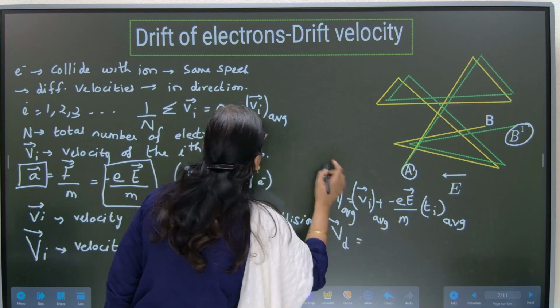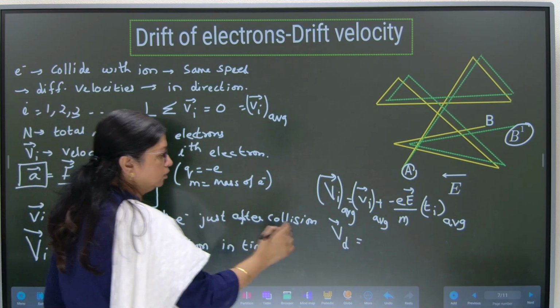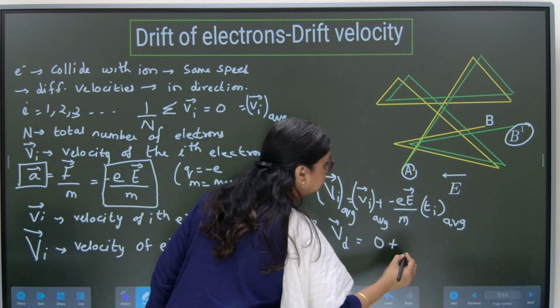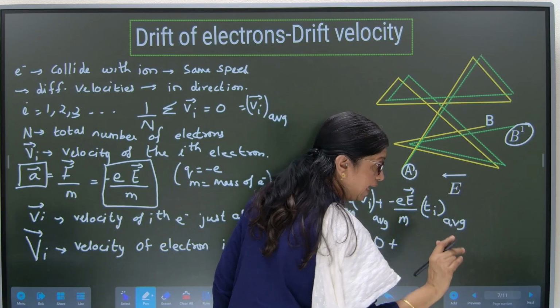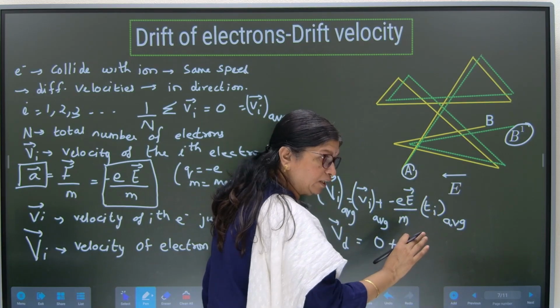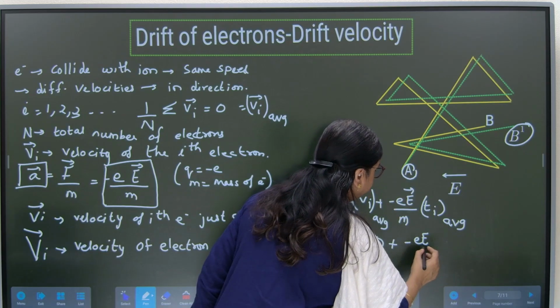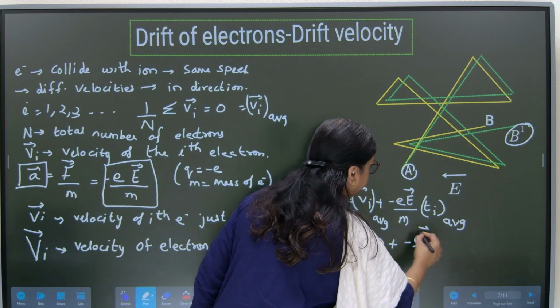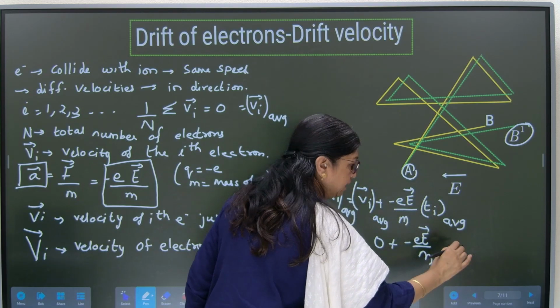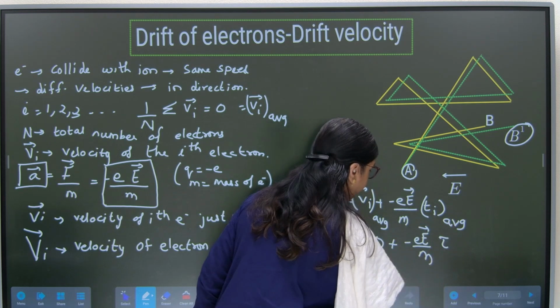Here the average of small vi is 0, plus I have averaged only the time for the particular electron. Therefore, I can write eE upon m times ti average, which is tau.